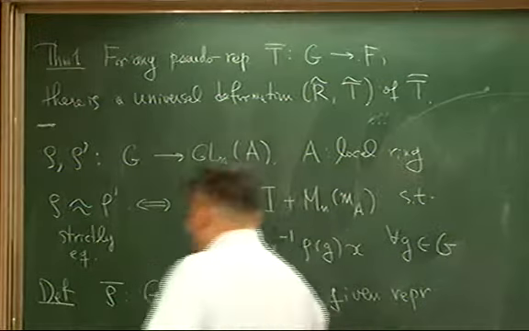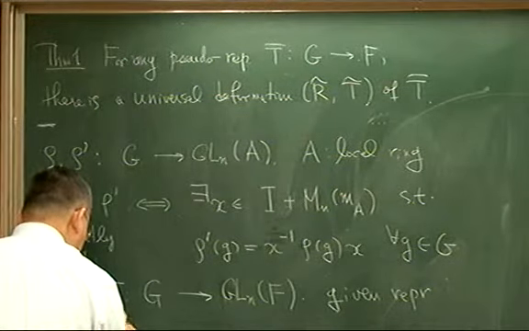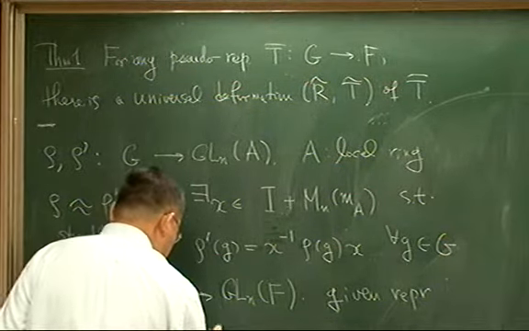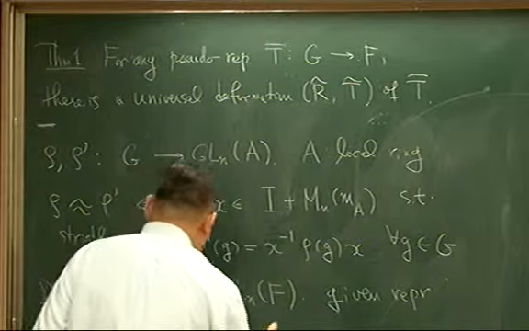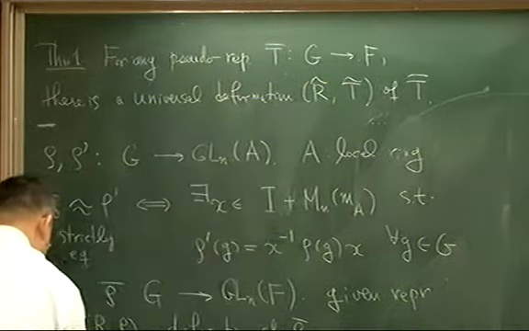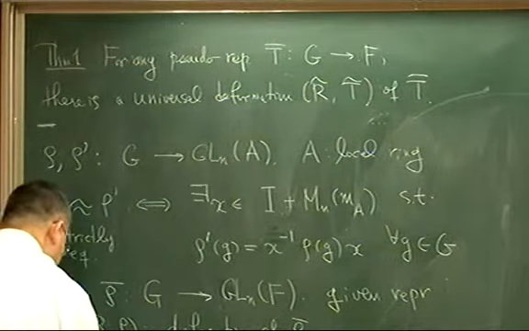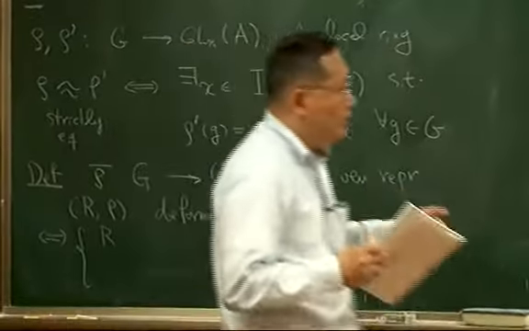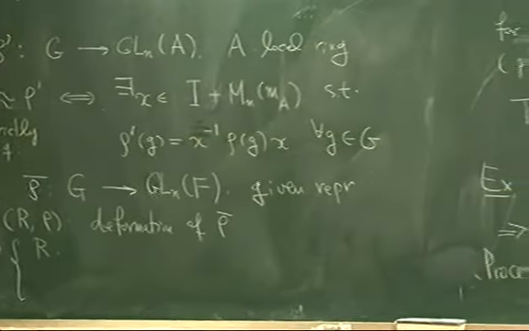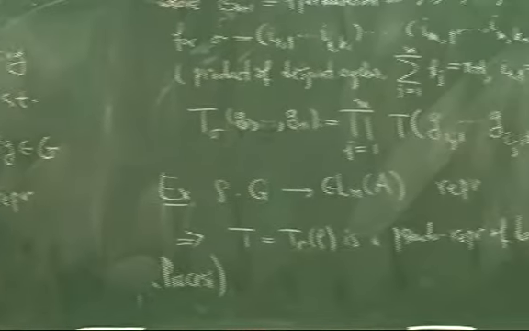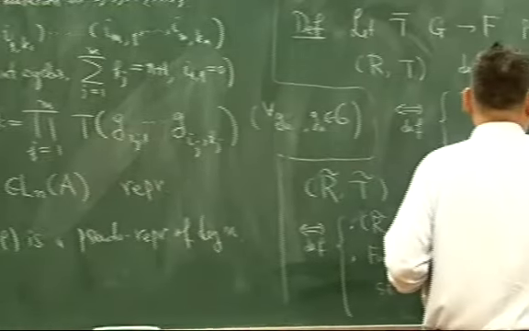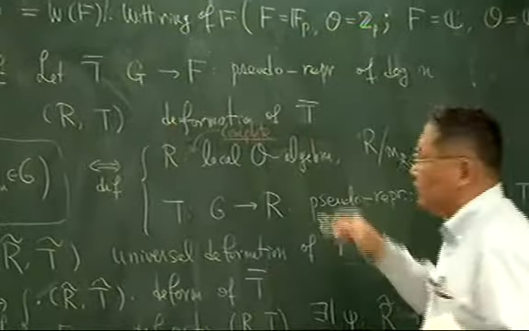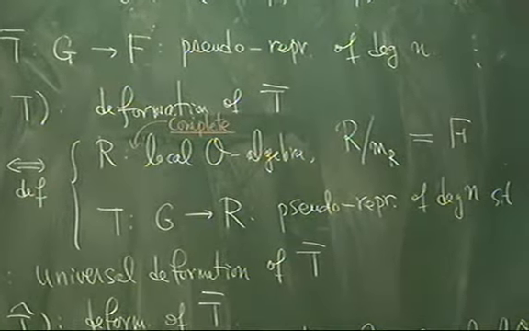Then the pair of rho and R is called a deformation of rho bar if R is, sorry, I should put the completeness here. The completeness assumption is needed in the later discussion.